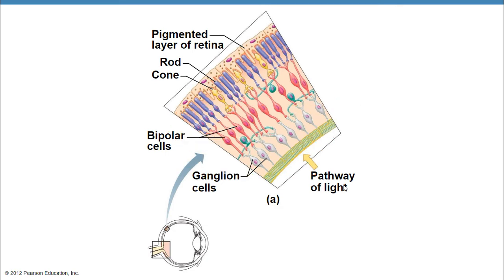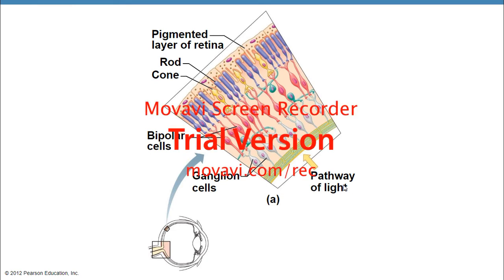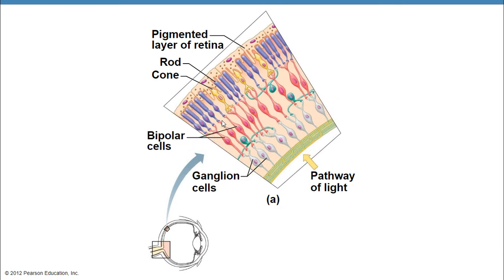After the rods and cones get excited, they undergo changes in their membrane potential that influence the bipolar cells that they are next to. And the bipolar cells in turn stimulate the ganglion cells.